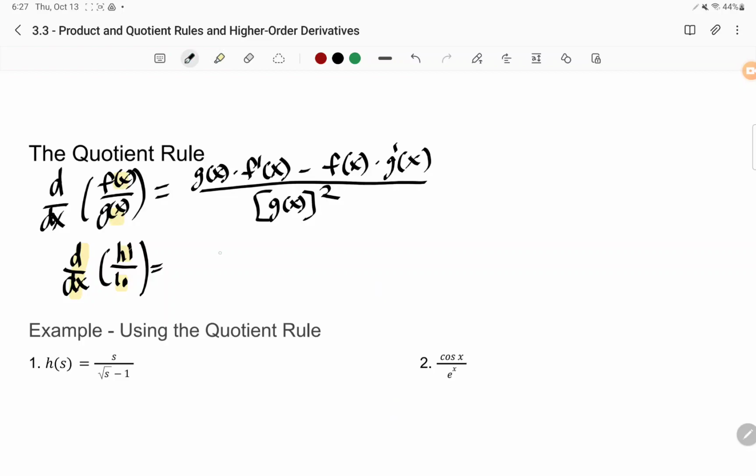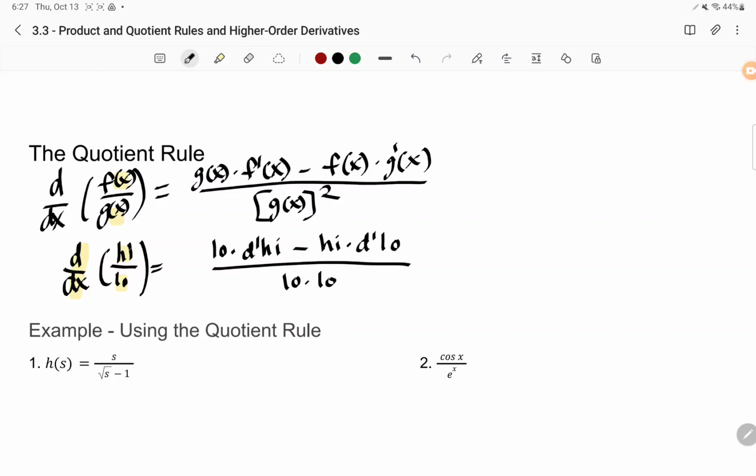It's going to be low d high, so low times the derivative of the high, minus high times the derivative of the low, so that's where the d low comes from, all over low. So low d high minus high d low, all over low.